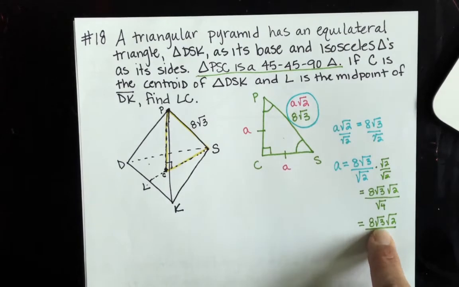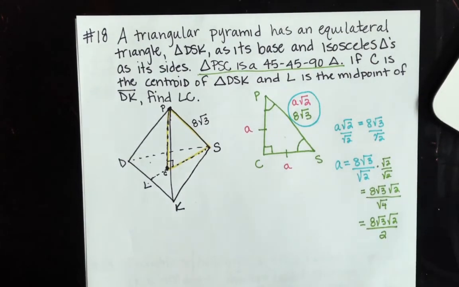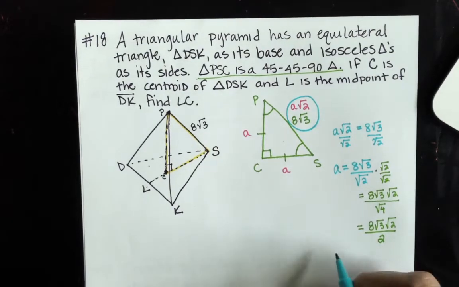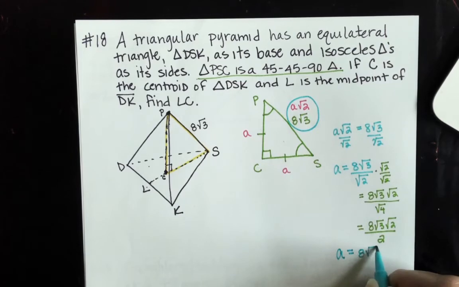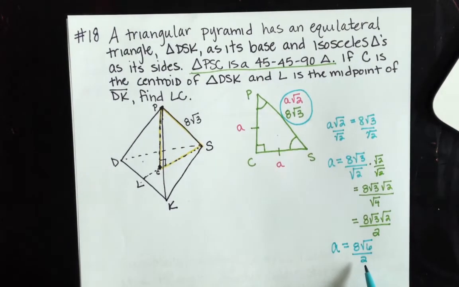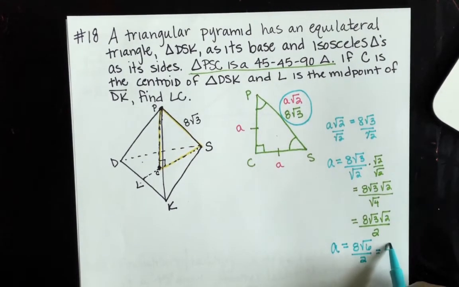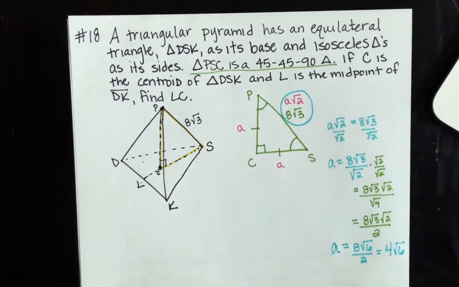The only thing that's going to be different is these two are like terms. We can multiply those two together. So what we end up with is A equals 8 radical 6 over 2. Now the 8 and the 2 can cancel because that 8 divided by 2 gets us 4 radical 6.